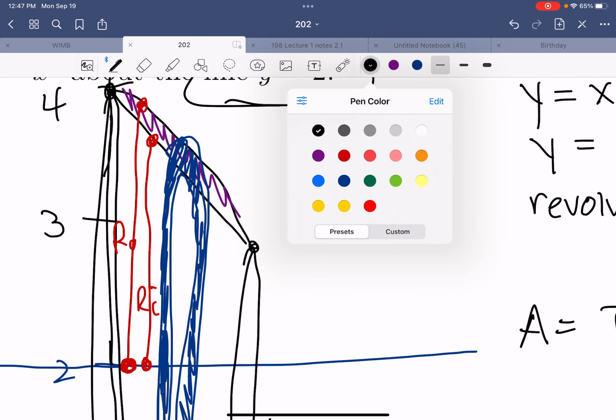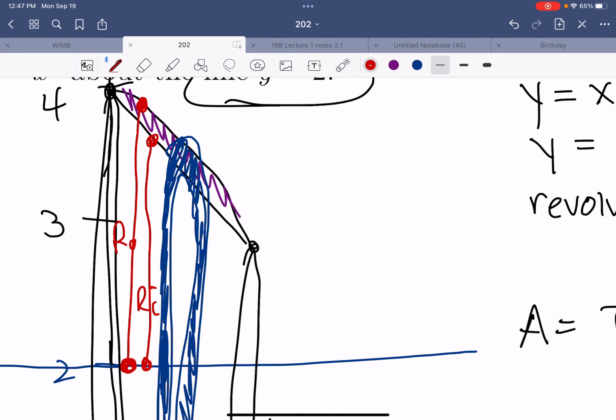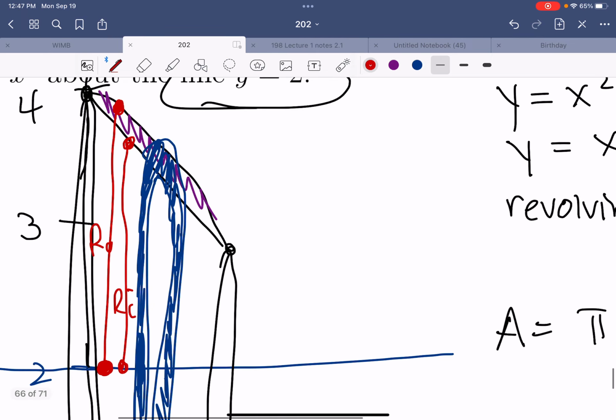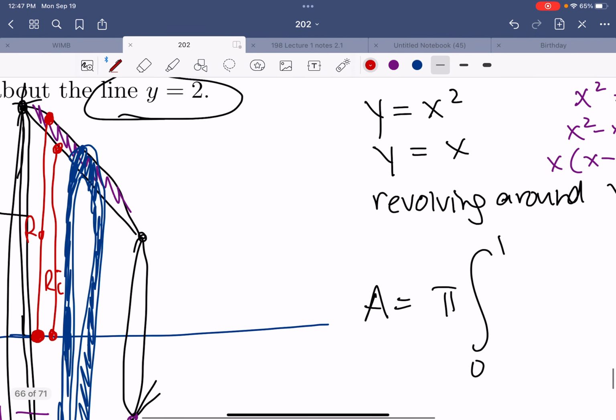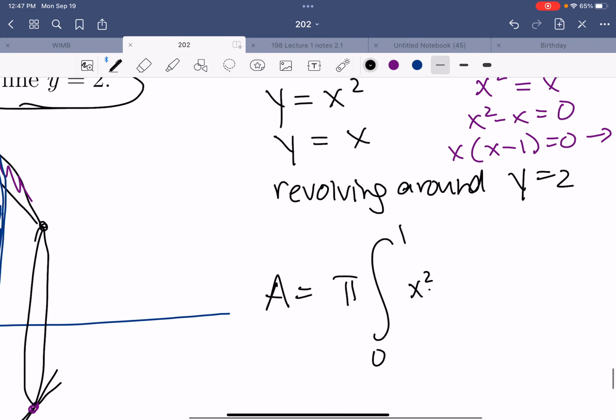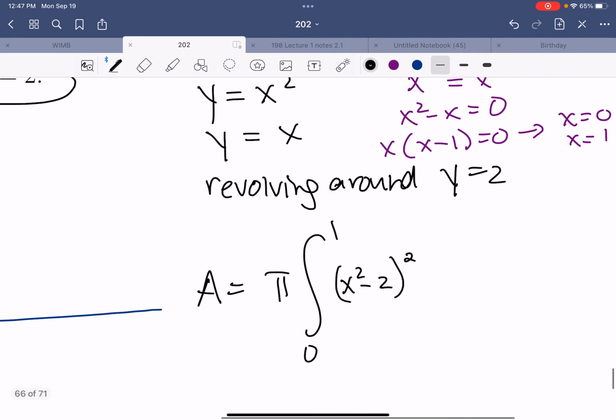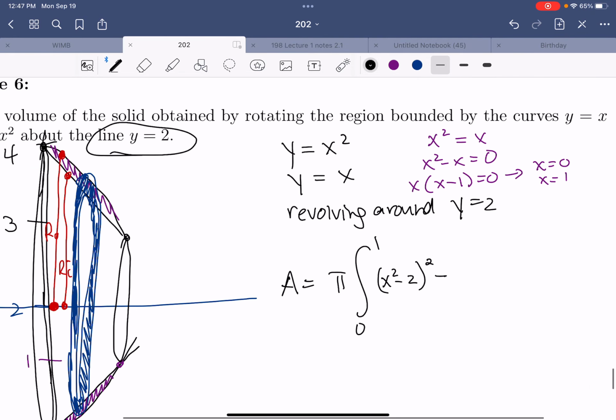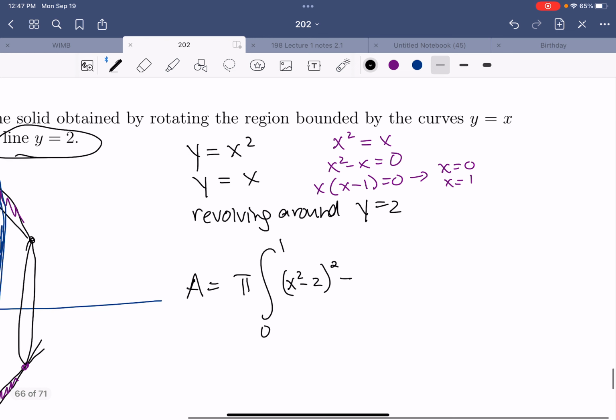The curve is the top part here, up all the way up here, and the bottom is the 2. So that would be the curve x squared minus 2. That's our radius, so we're going to square it. Minus the bottom one goes to the line, and the line is y equals x, but we're stopping at 2, so we subtract the bottom of the area, which is 2, and then square it.